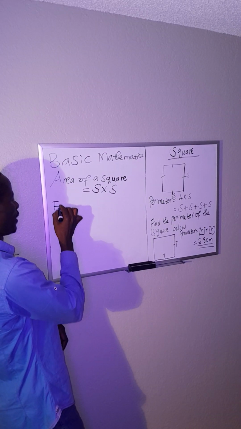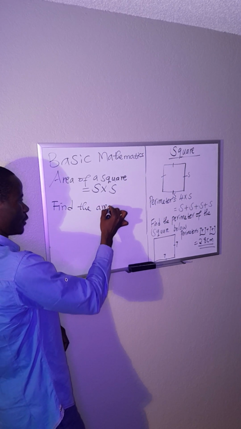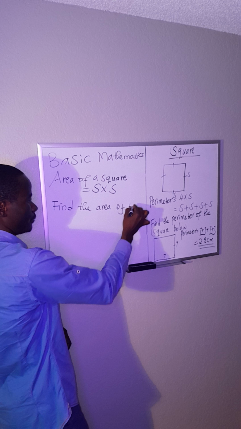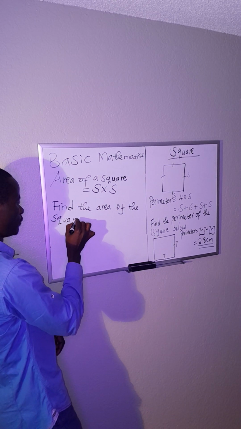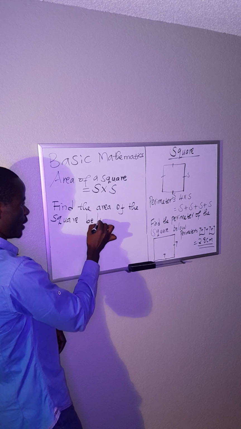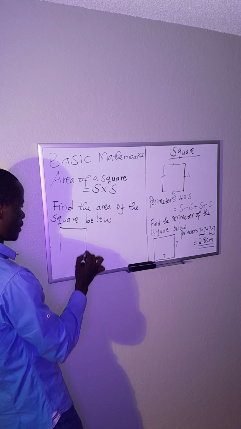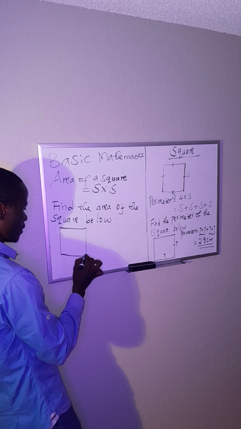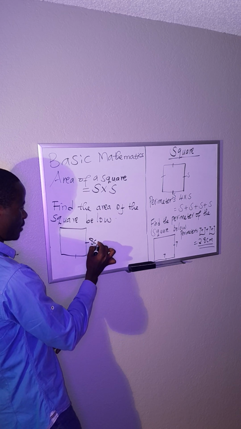Therefore, example, find the area of the square below. This is how my square looks like. This is here 8 centimeter.